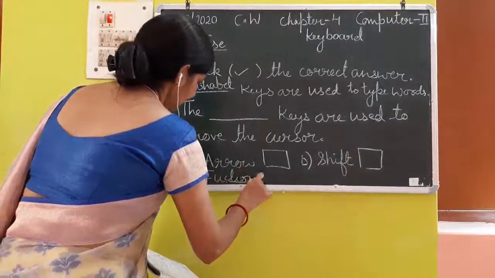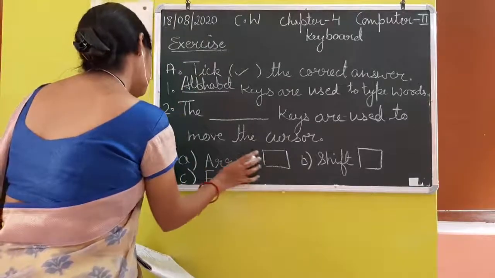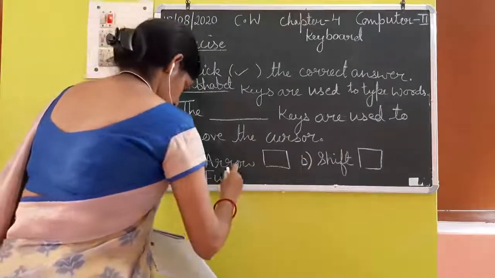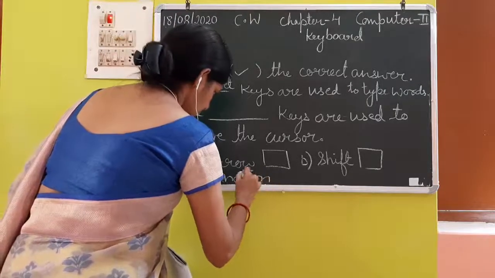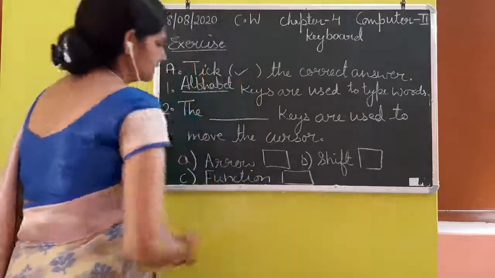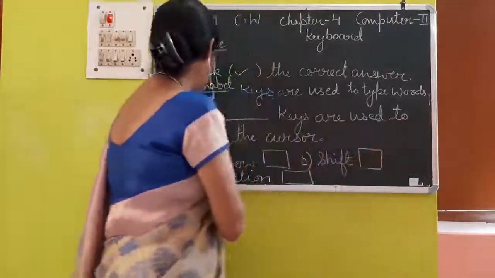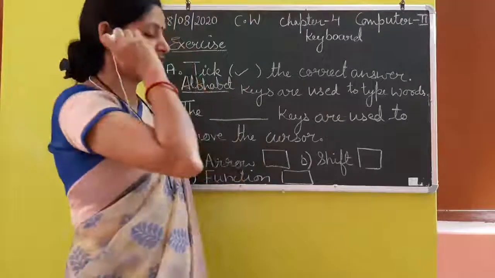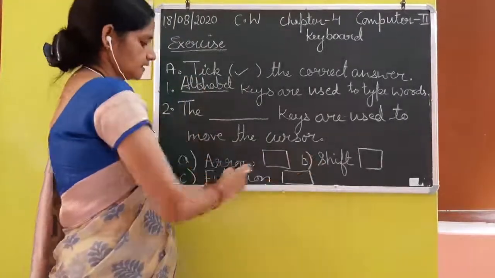So children, as we have studied in the chapter, the dash keys are used to move the cursor. Which keys are used to move the cursor? Arrow keys, shift key, function keys.